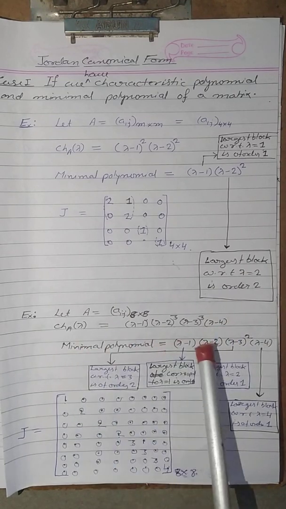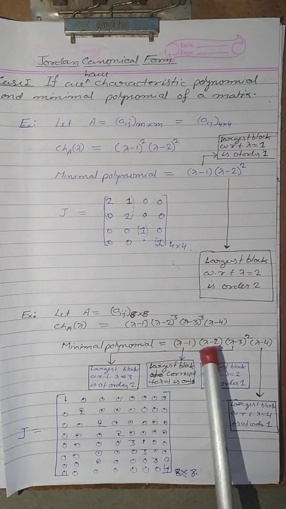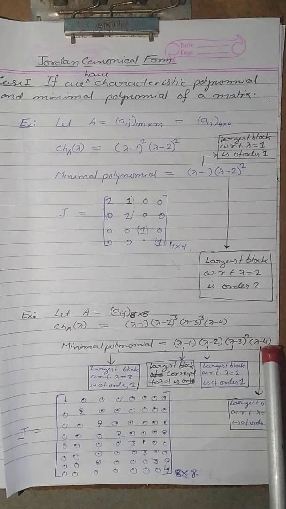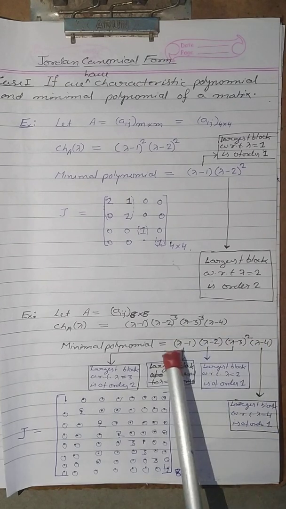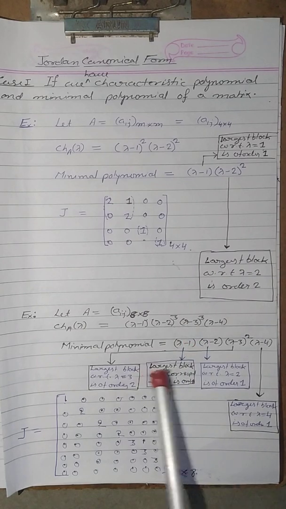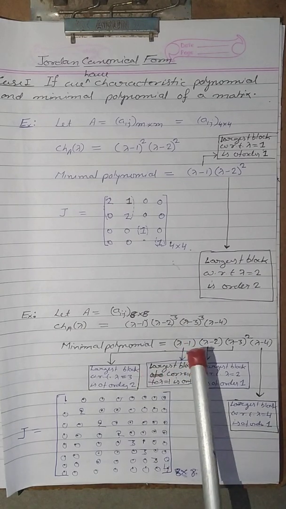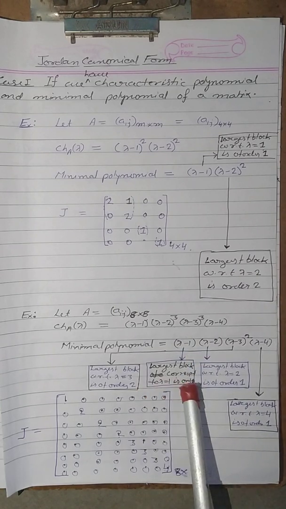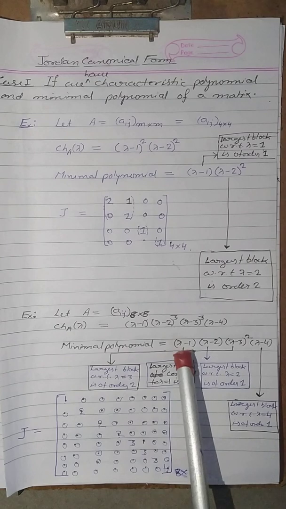Let the minimal polynomial of this matrix be (lambda minus 1), (lambda minus 2), (lambda minus 3) to the power 2 and (lambda minus 4). In this case, (lambda minus 1) to the power 1 shows that in the Jordan canonical form, for lambda equal to 1, there is only one block of order 1 present.